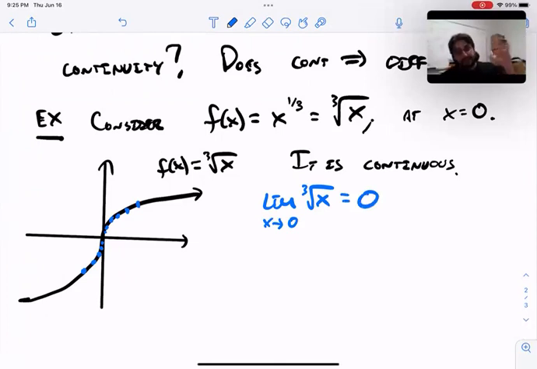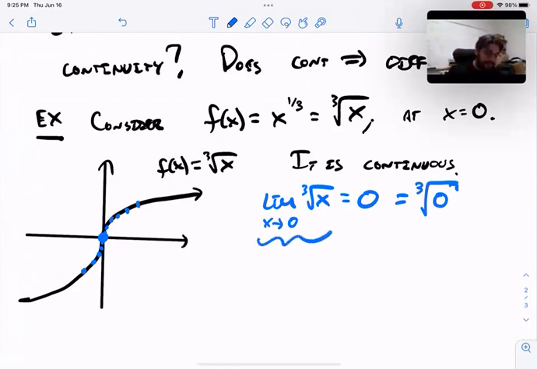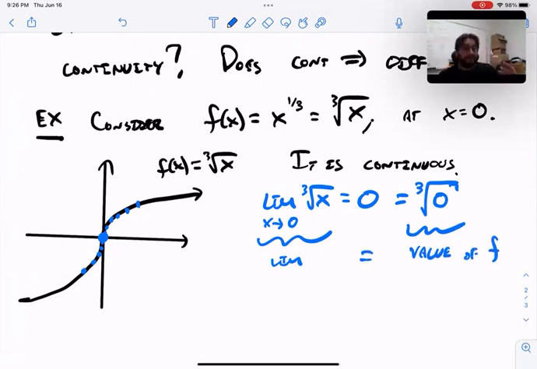The two-sided limit exists. Now, does the function exist at that point? Yes, this is just 0 plugged into the function cubed root of x. So the limit and the value of the function are both real numbers and they're the same real number. They match. This is our definition of continuity. So yes, it is continuous.